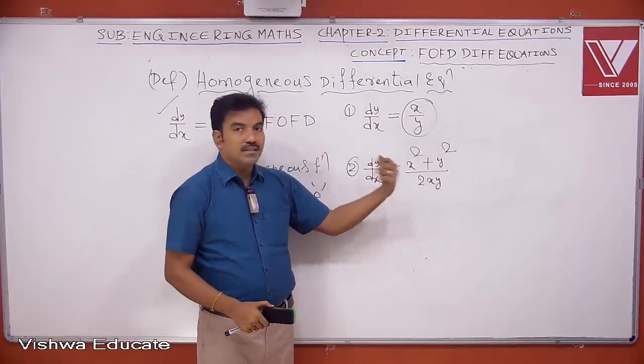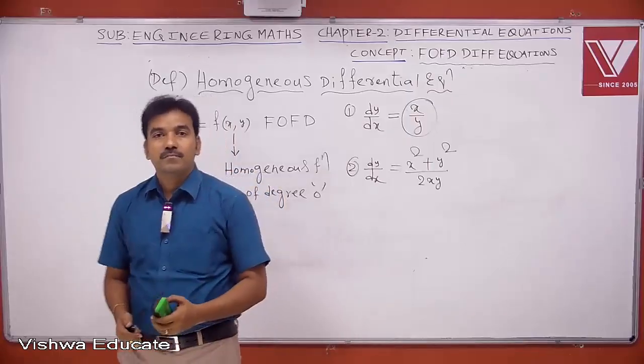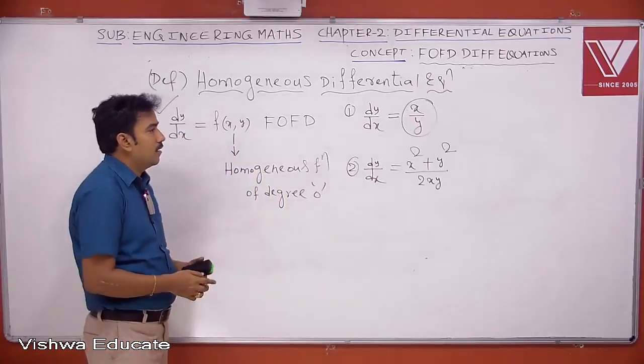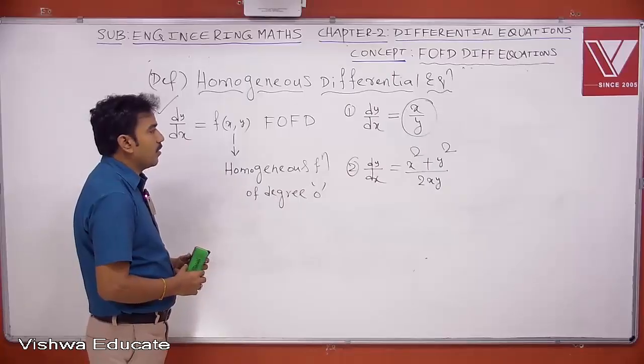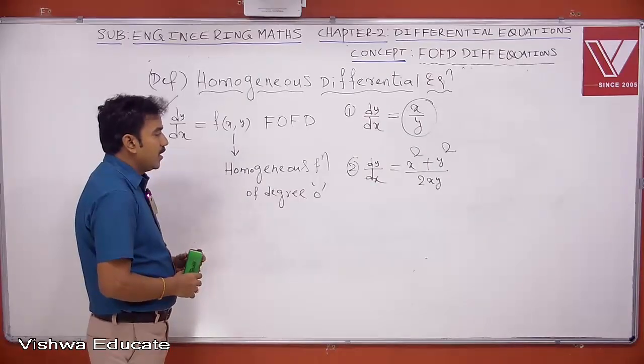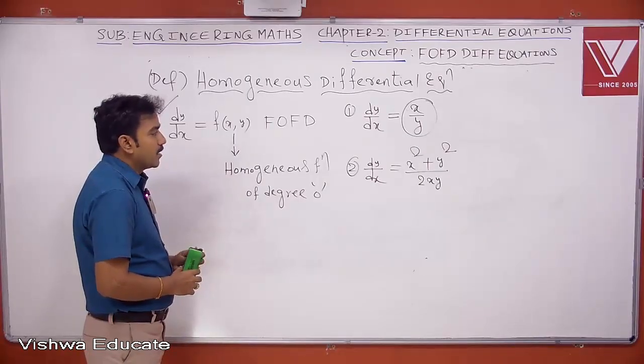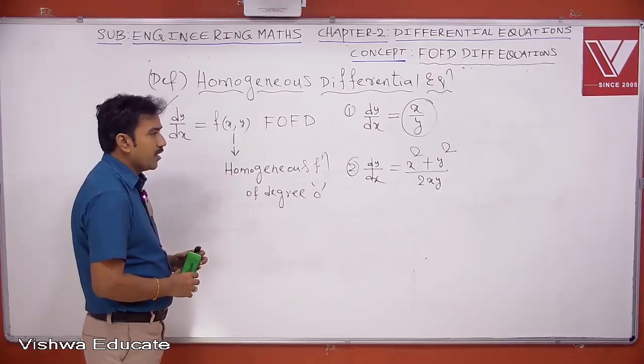Note this and these examples. First one is dy by dx equal to x by y. Second one, dy by dx equal to x square plus y square by 2xy.